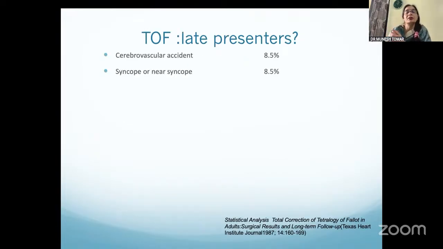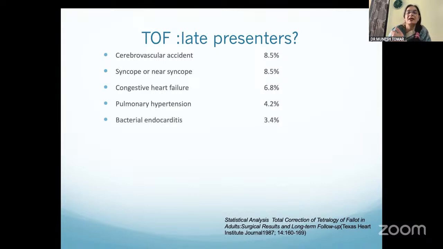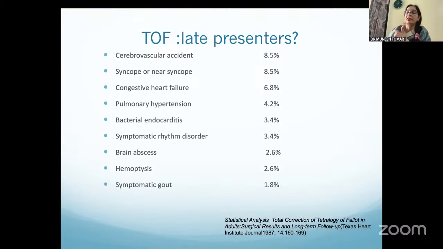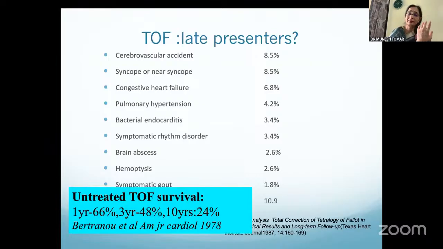If we do not treat these patients on time, there is a long list of complications, and we do see grown-up congenital cyanotic heart defect patients with tetralogy of Fallot physiology. Like I said, cerebrovascular accident, brain abscess, rhythm disorder, hemoptysis, they come with massive bleeding into the OPD, and a long list of complications. Untreated tetralogy of Fallot survival is 1 year.